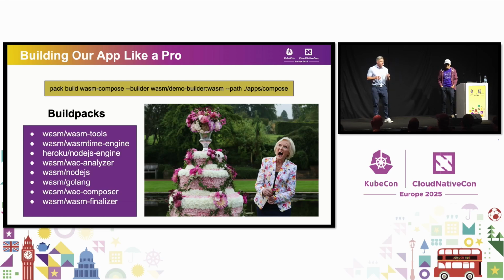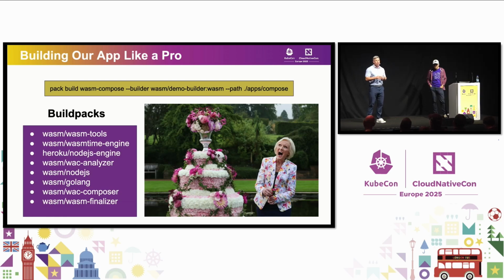And then we have the WAC Composer. And the WAC Composer is kind of interesting. It goes through the mono repo, figures out what projects are where, and then informs the build phase, which goes through and says, all right, cool, I'm going to go find all the JS projects, build those, collect the components from them, do the same with Go, collect the components from them, put them in a cached layer.